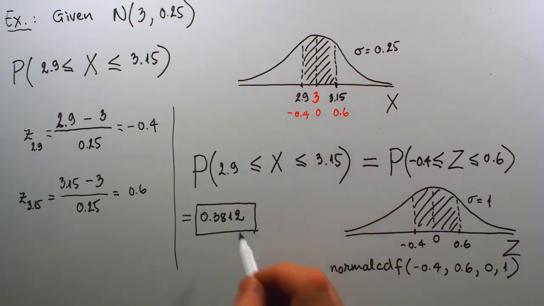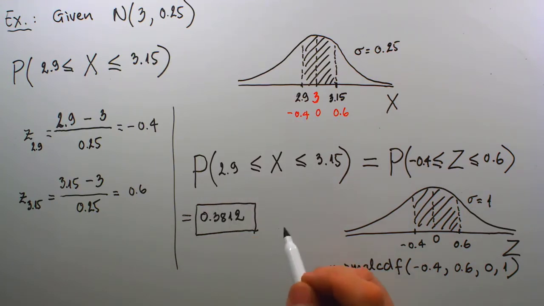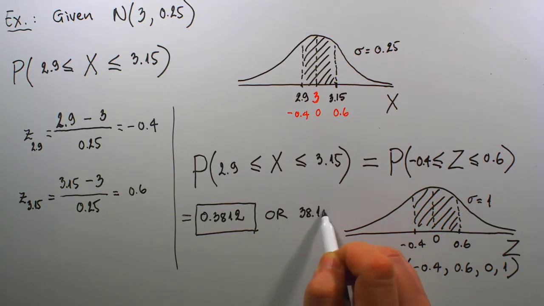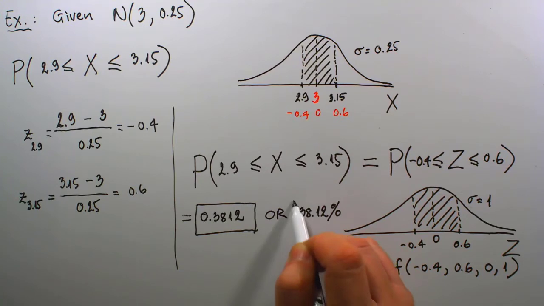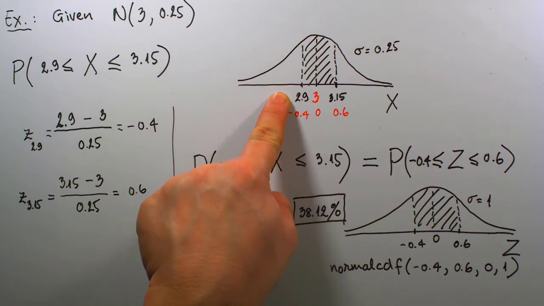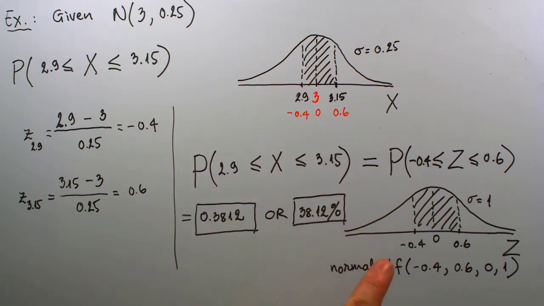If this answer is required to be expressed in percentages, then it is about 38.12% of the area on the bell curve. So what is the meaning of this value? It is actually one value, either in decimal expression or in percentage, and it represents the same thing whether we're on the general normal distribution or the standard normal distribution.